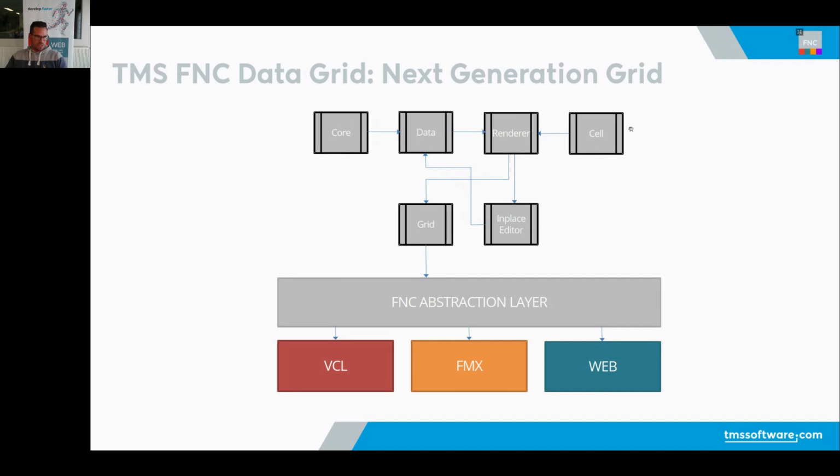You can customize the cell to your liking, and the renderer will use that class to define the visual aspect of the cell. Then this is all abstraction. Eventually, we capture all the layers into the visual component, which is called the grid. The grid is responsible for handling the in-place editing and communicates back and forth between the abstraction layer and the data layer to save and manipulate the data.